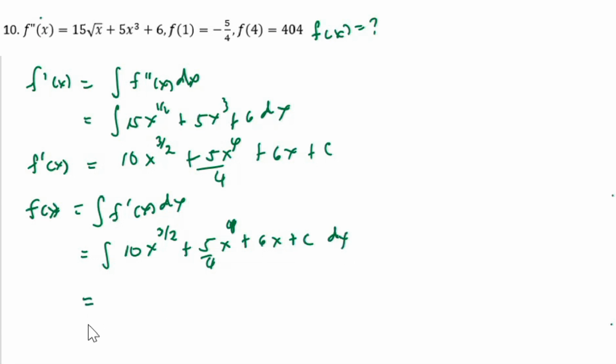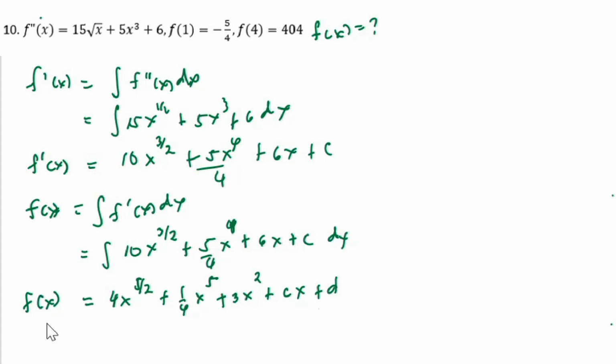So by integrating this one, the integral of 10x raised to 3 halves will give us 4x raised to 5 halves plus 1/4 of x raised to 5 plus 3x squared plus cx plus d. So our new constant now is d because of the variable c in the f prime of x. So this is now the value of f of x.